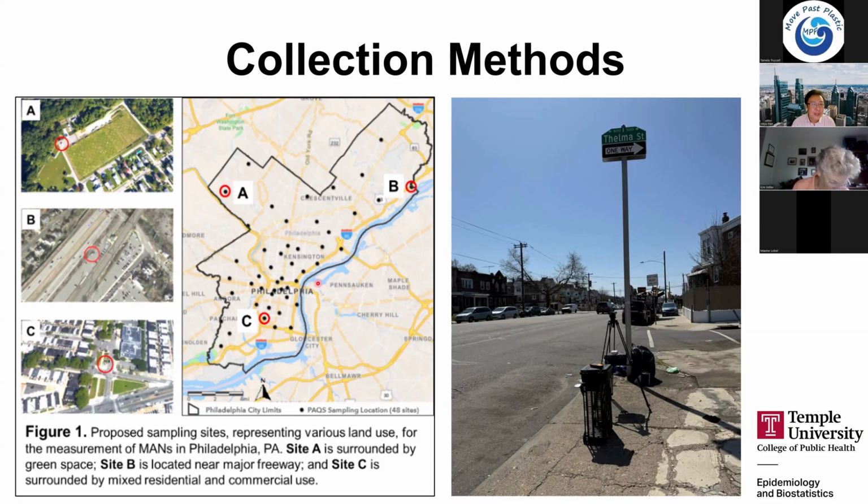We were not able to collect samples on the same day across these 48 different locations because I'm not such a huge research group. So actually our team went to several of these locations, maybe 3 or 4 locations on the same day, to collect samples at the same time.